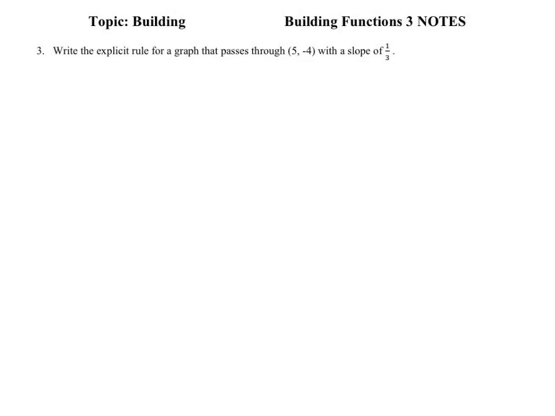For question 3, we need to write the rule for the graph that passes through 5, negative 4 with a slope of 1/3. There's a couple ways you could do this, but the easiest is just going to be to make a table.